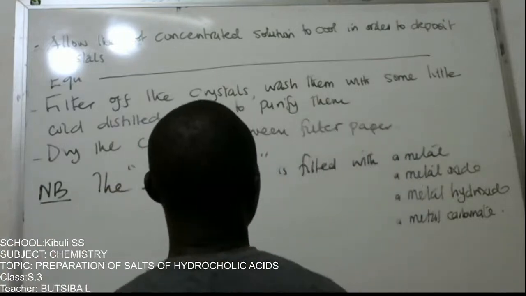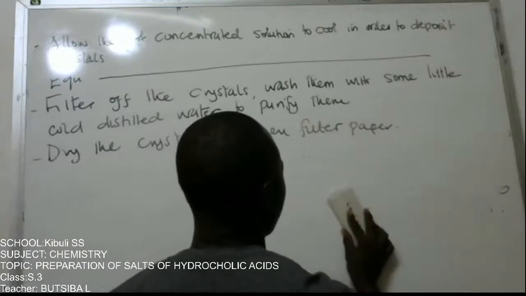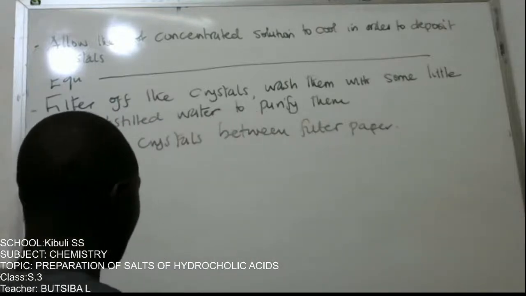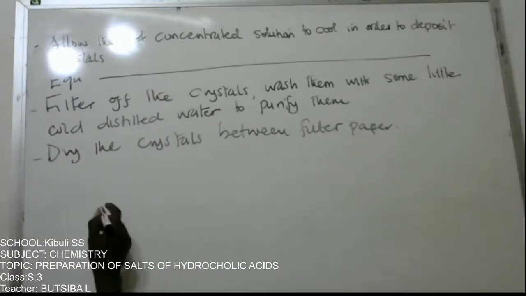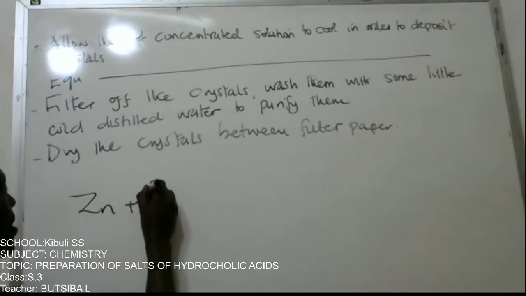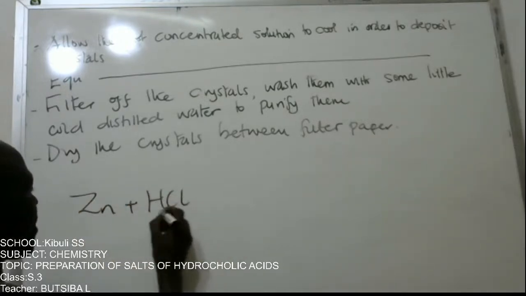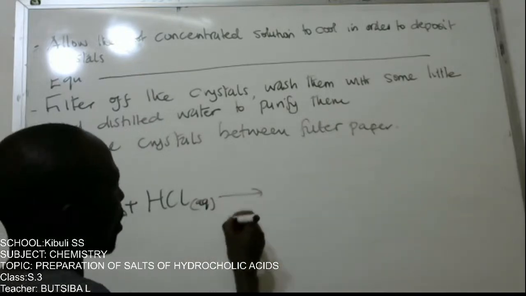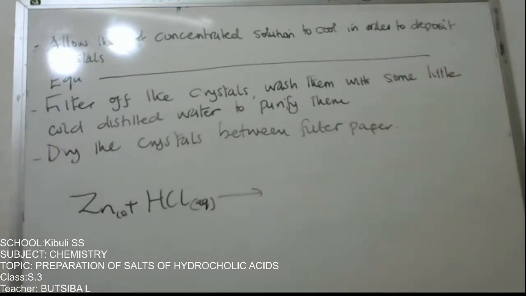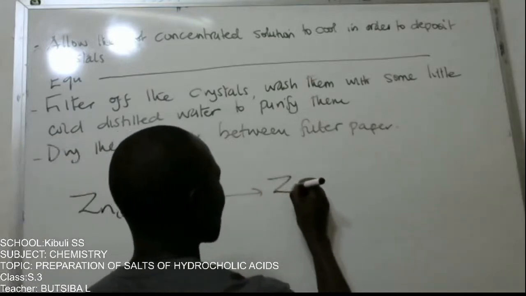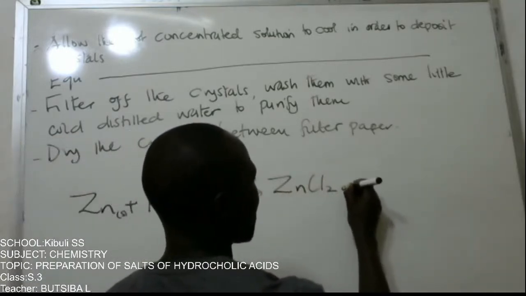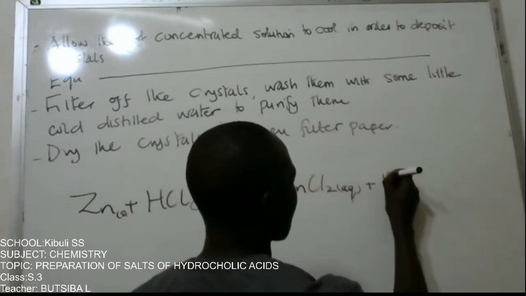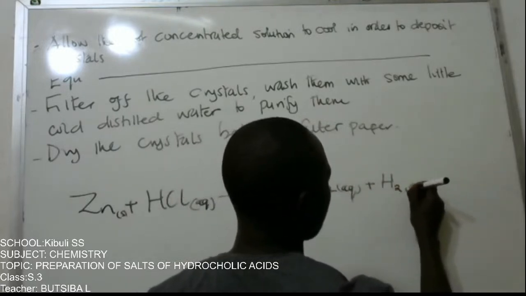So what is my equation? My equation is zinc plus hydrochloric acid. Zinc is a solid, hydrochloric acid is aqueous. A metal and an acid give zinc chloride, which is aqueous, plus hydrogen gas.